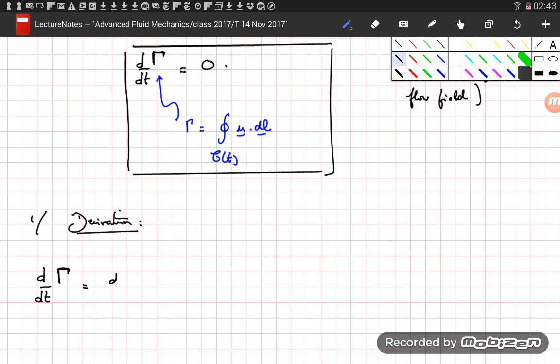So this is equal to d over dt of this integral along a closed contour of u dot dl. Now again, we have this thing of having a time derivative of an integral which is a function of time. So what we want to do is to put this time derivative inside of the integral.